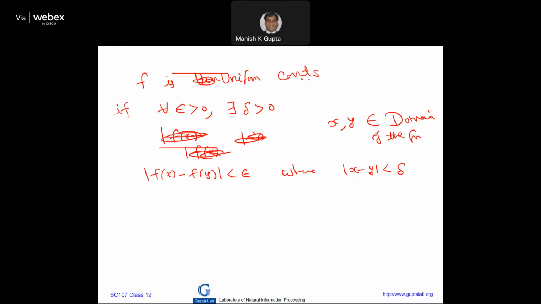So this is a very popular trick to show that the function is uniformly continuous, right?